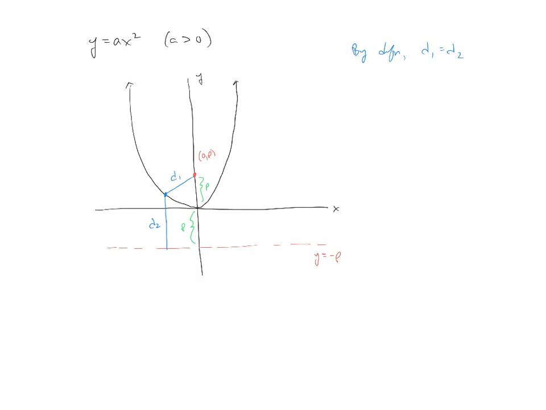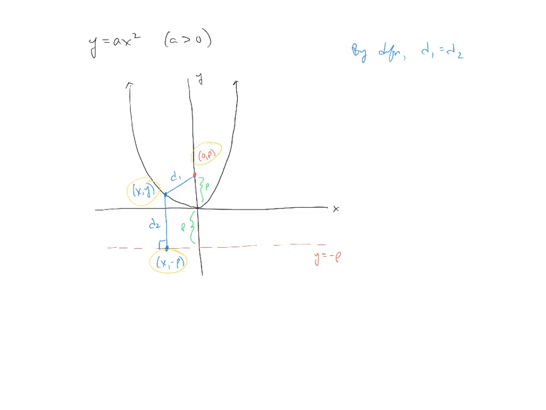So I'll call this point (x, y), and this other point down here would be (x, negative p). So you can see that would be a 90-degree angle. If I came straight down, my x coordinate would be the same, and then my y coordinate on the directrix would be negative p. So if we take the definition and we take these three points, and put these together using our distance formula and set them equal, we should be able to learn a little bit about this parabola.